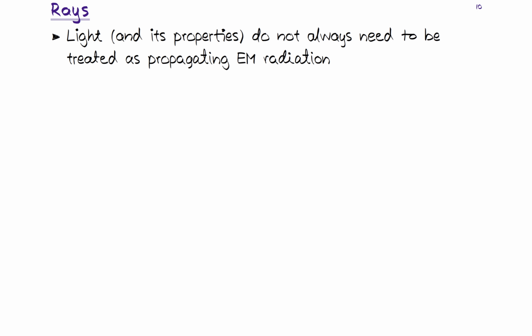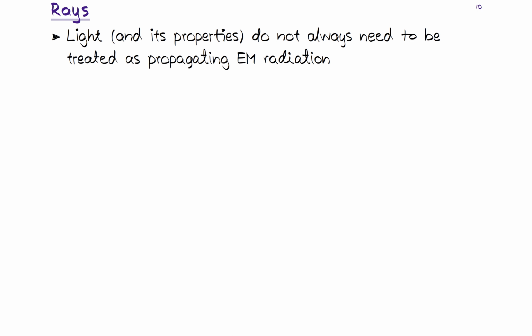So, rays of light: what they are and how they can be used. In essence, even though we know that light is a wave, electromagnetic radiation, many times light and its properties can be understood in a simpler description than a wave description. In other words, we do not always need to describe light as propagating electromagnetic radiation.